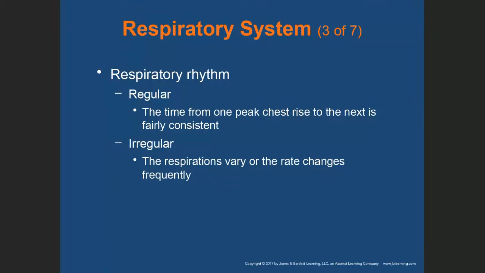And if a patient has an irregular breathing pattern, or is breathing very slow, or is breathing very shallow, then you're looking at a patient that is going to require positive pressure ventilation because they're in respiratory failure.